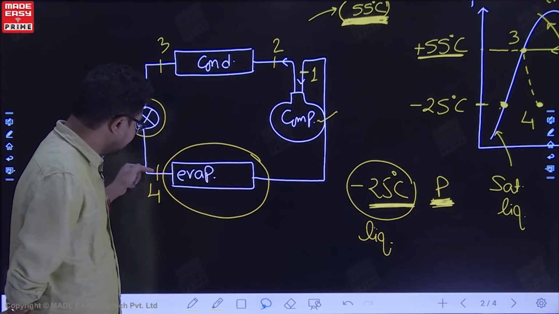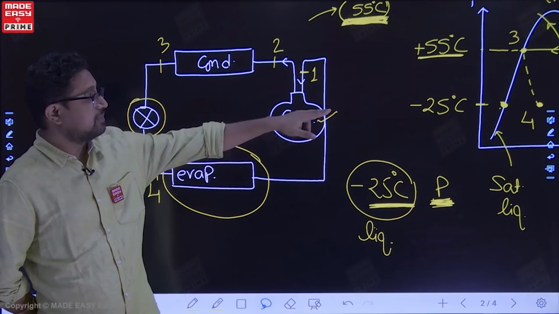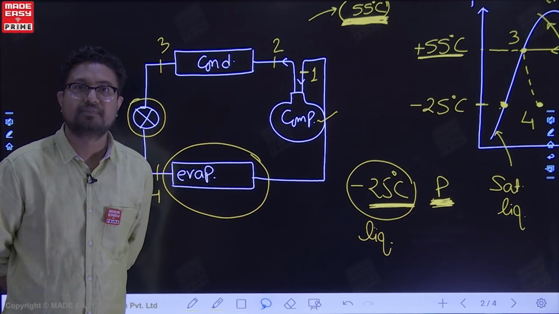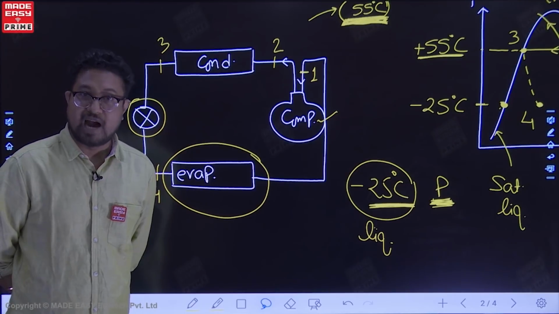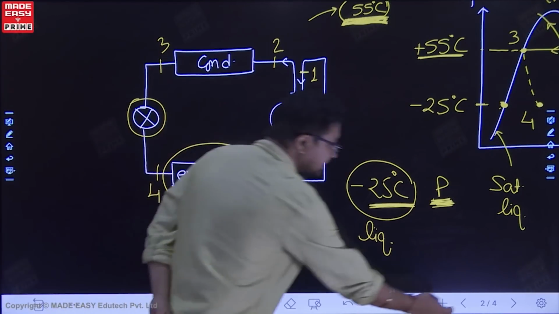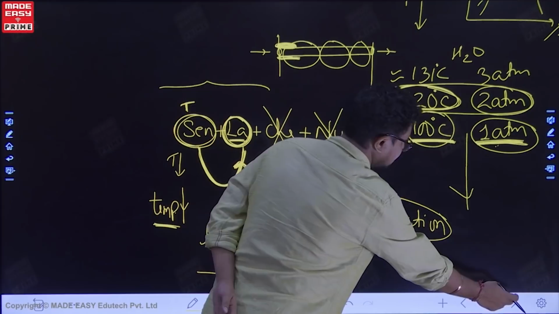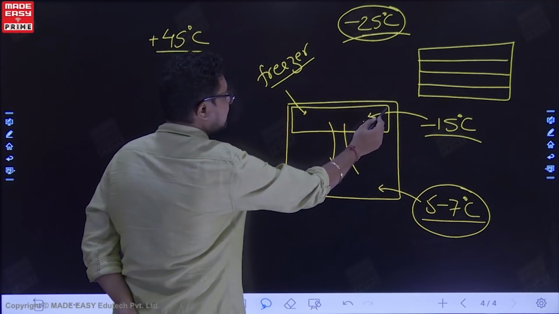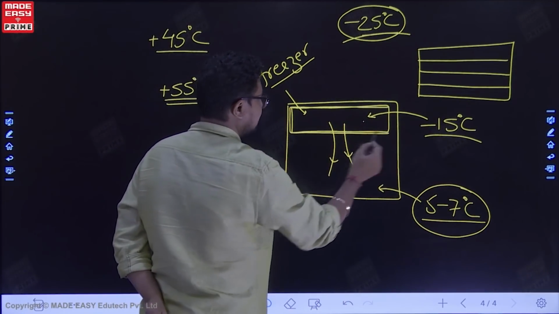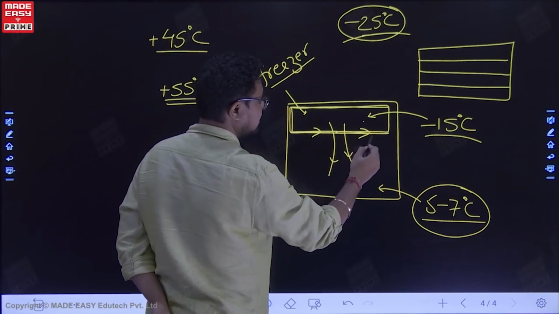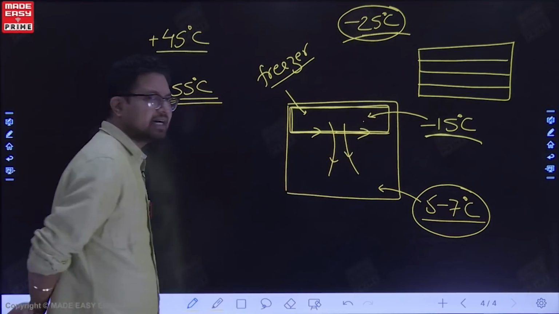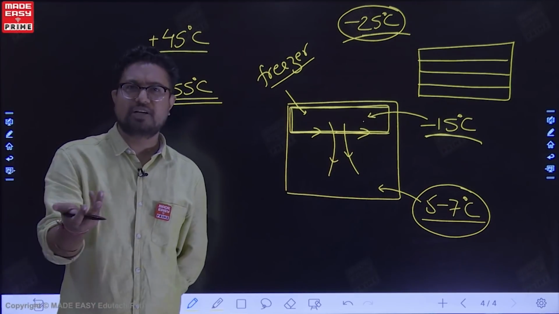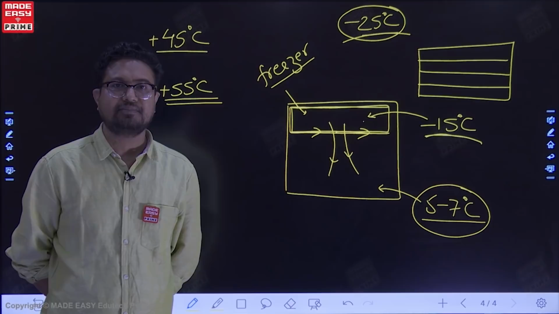So, when you will send the liquid at very low temperature, that is minus 25, and the temperature inside the refrigerator, here in the freezer section, when the refrigerant is flowing, is minus 25 or maybe above that.